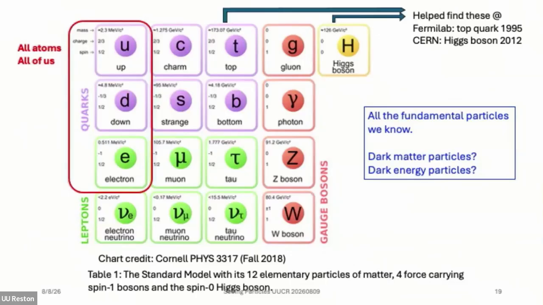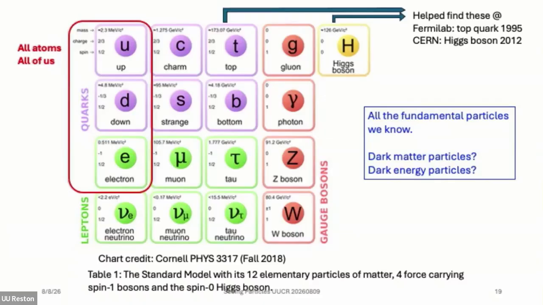So all atoms are made of up and down quarks stuck together, and electrons going around. And then the electron has a neutral partner called the electron neutrino that interacts so weakly that they come from the center of the sun, and trillions are coming through your little finger every second. We are doing experiments with them now, especially at Fermilab.